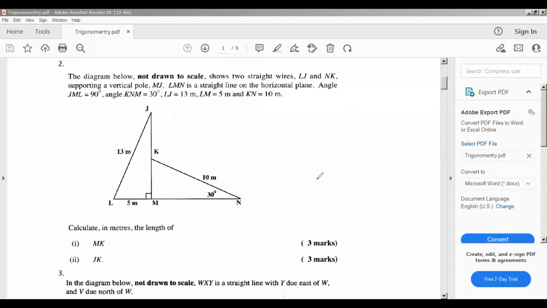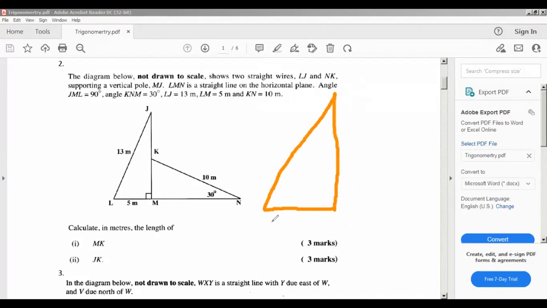Class, I'm going to separate this triangle here. Yes, Ms. Walker, it's two theories in one question. That is the reason why I specifically chose this question, because it brings out the concept of Pythagoras and the concept of trigonometry.